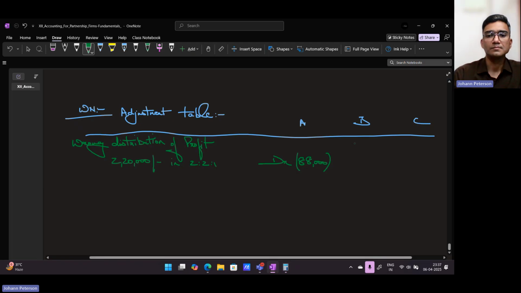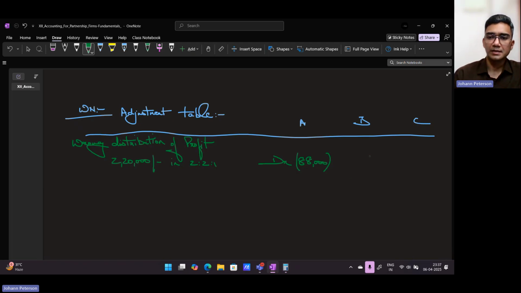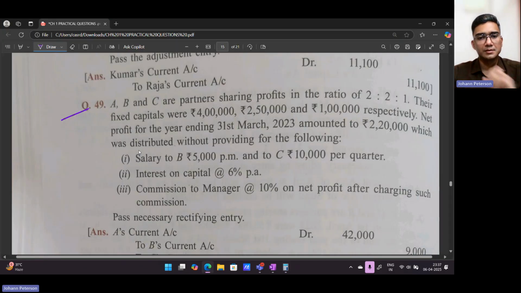The next is again 88, and then it will be 44 and 44. After that, now we are going to distribute this.